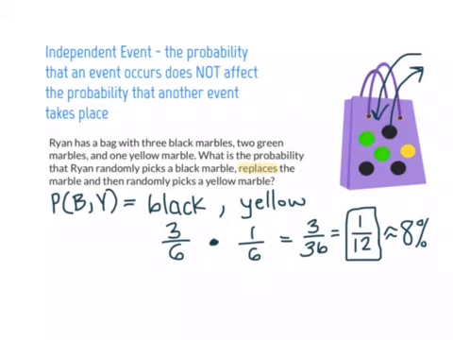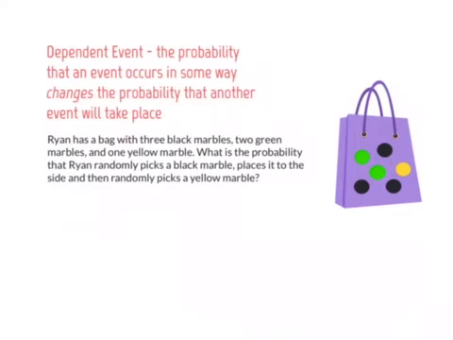Now let's look at this same problem, but as a dependent event. Let me read the question and then I'll read the dependent event definition. Ryan has a bag with 3 black marbles, 2 green marbles, and 1 yellow marble. What is the probability that Ryan randomly picks a black marble, places it to the side, and then randomly picks a yellow marble?